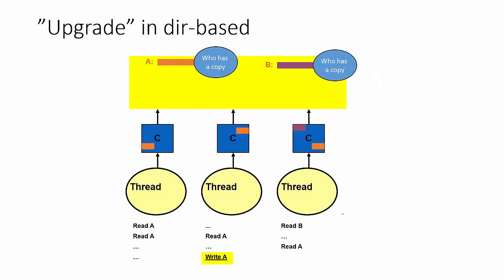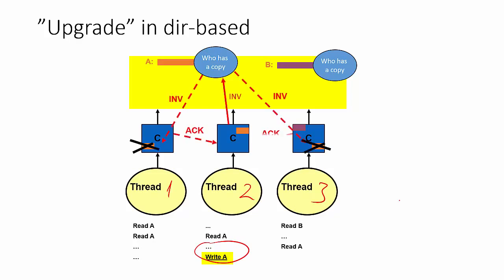And this is a picture I showed before. What happens when you want to do an upgrade in a directory-based cache coherence protocol system? We have these 3 cores, as we've seen so many times before, and now thread 2 will do a store. The store will eventually lead to an invalidation request being sent, and it goes to the directory.